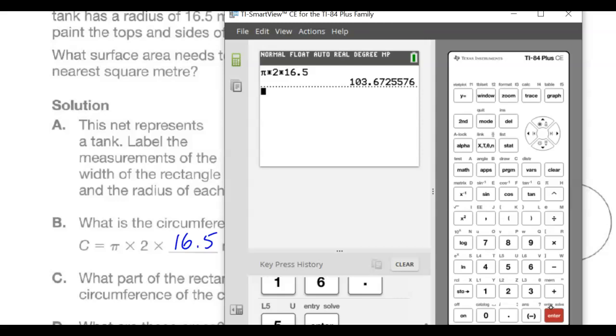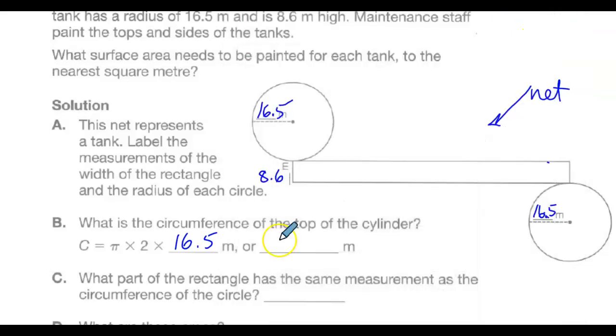So 103.6726, let's go to 4 decimal places. Okay. What part of the rectangle has the same measurement as the circumference of the circle? The length.